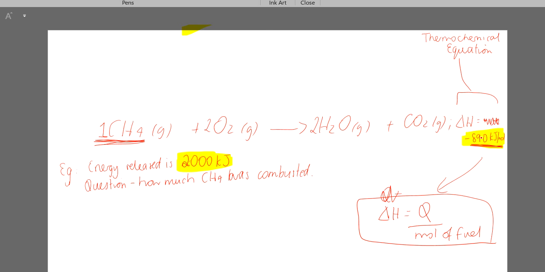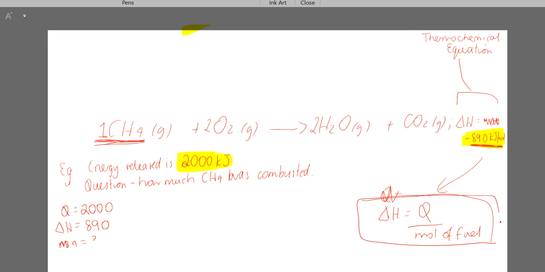Well, we've obviously got more than 1 mole, but we need to work it out correctly mathematically. Okay, so we have a Q value that is 2,000. We have a delta H value, theoretically, where your fuel releases 890 per 1 mole, so 890. What we're looking for is the mole. That's our question, which is what I've asked you for.